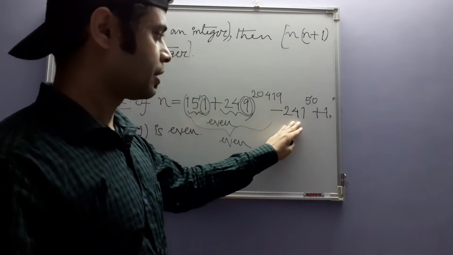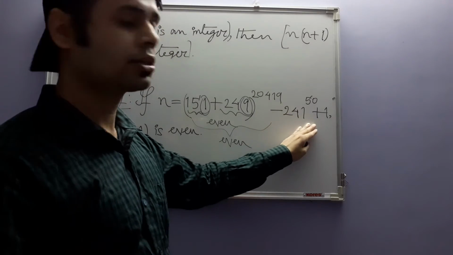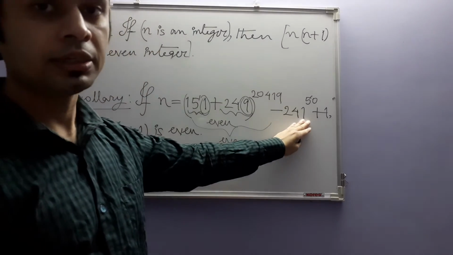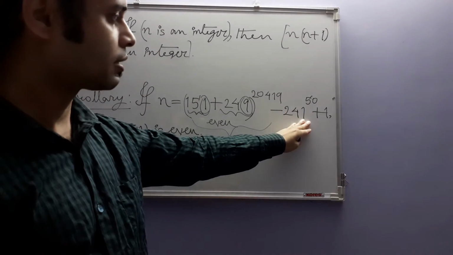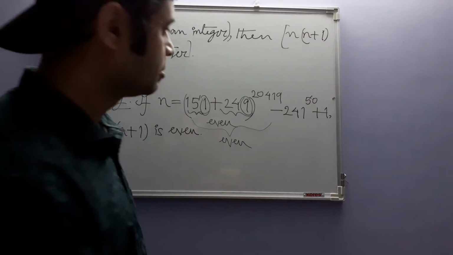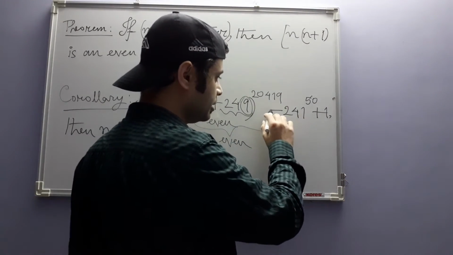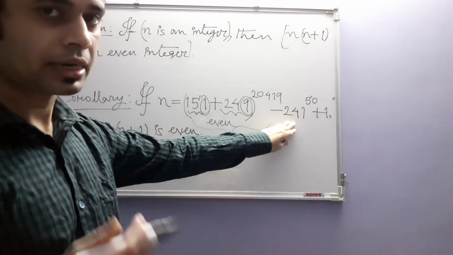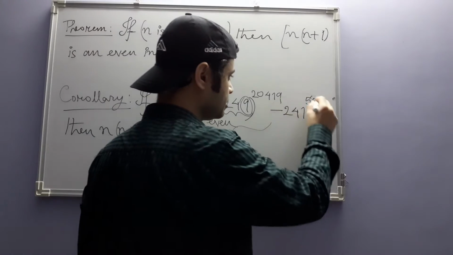Now look at this term. 241 is an odd integer. And just like product of even integers is even, a product of a number of odd integers is odd. So introducing a minus sign does not change the fact that it is odd. So this is odd.